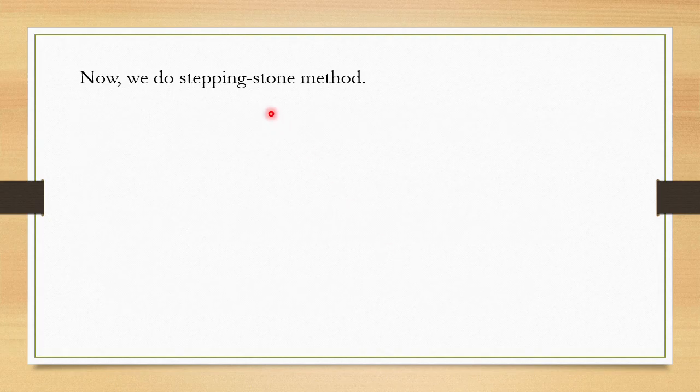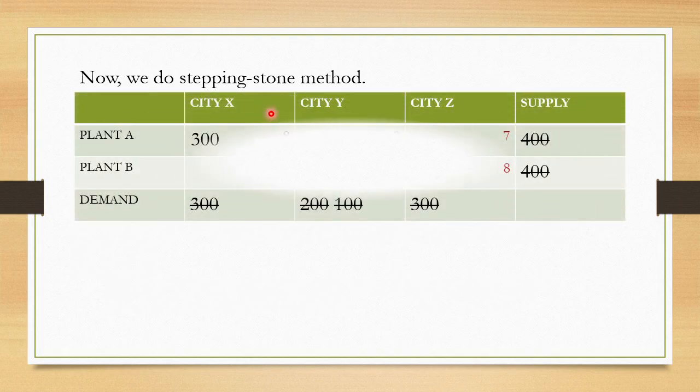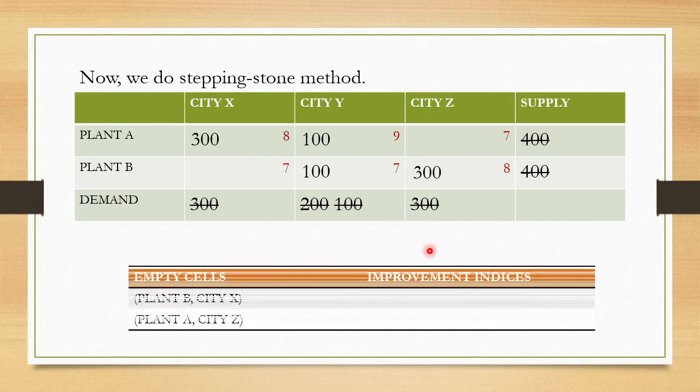To do the stepping stone method, we have to compute the improvement indices of the unused cells. In this case, the unused cells are plant B, city X, and plant A, city Z. To compute the improvement indices, we have to draw the closed polygonal paths.